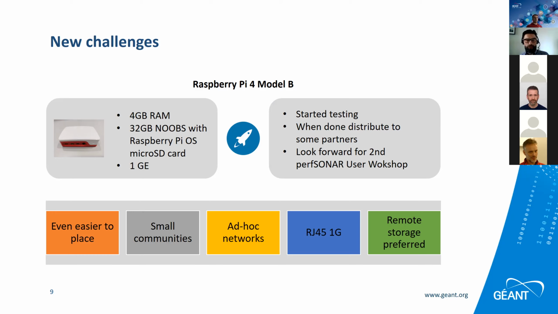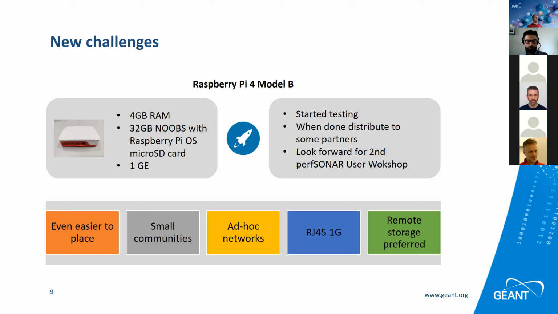So we are currently testing the Raspberry Pi 4, which appeared some time ago and has an interesting feature very useful for us. It has a 1 gigabit Ethernet copper interface, so you don't have to use any adapter from USB. It has 4 gigabytes of RAM and the micro SD card built in.